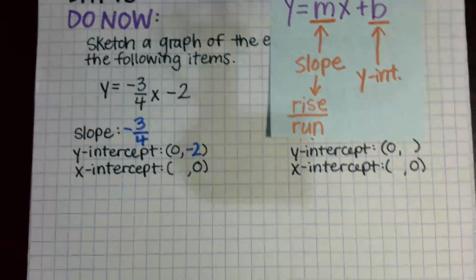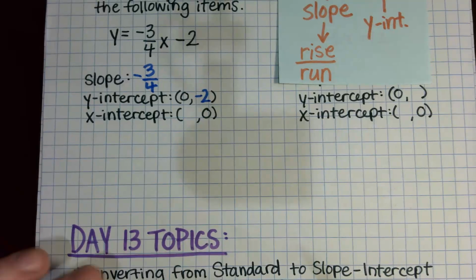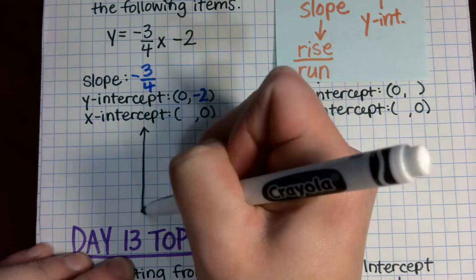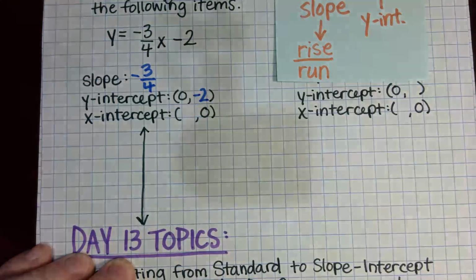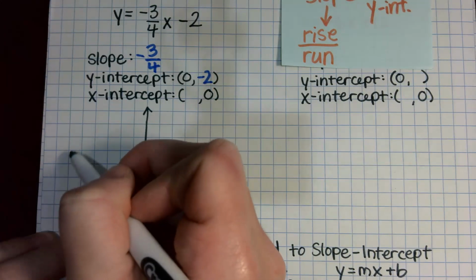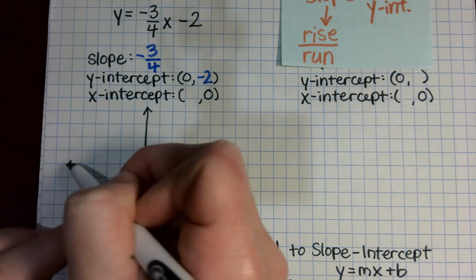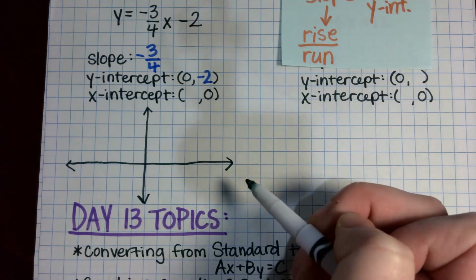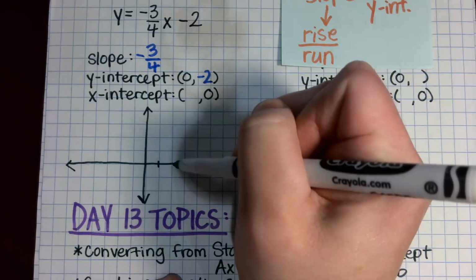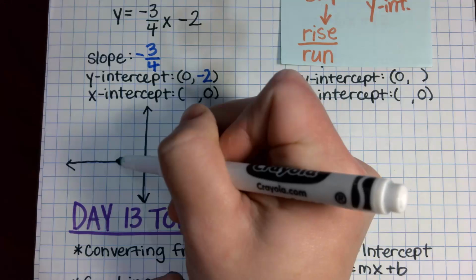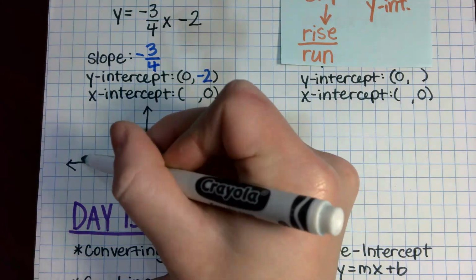So, I'm going to move my paper up a little, and I'm going to draw a little bitty graph. First, we're going to draw a y-axis, then we want to draw an x-axis. And my graph is not perfect, guys. Bear with me. We're going to draw a couple little tick marks here. I'm scared I'm not going to have enough room for this.